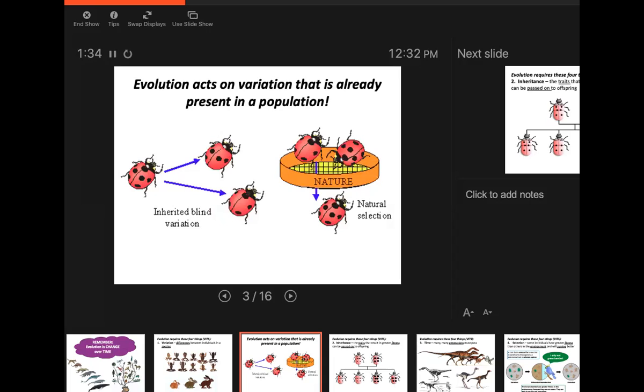So you see up here some ladybugs. Do they all look the same? No. What do you notice that's different? Okay, different spots. What about the spots that they're different? Some have more, some have less, and they're in different places. What else?